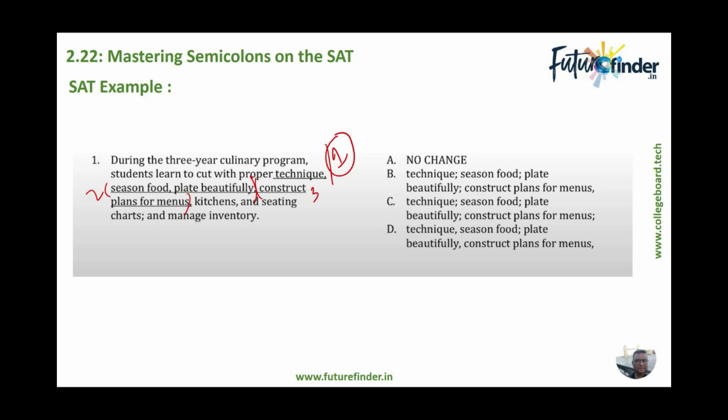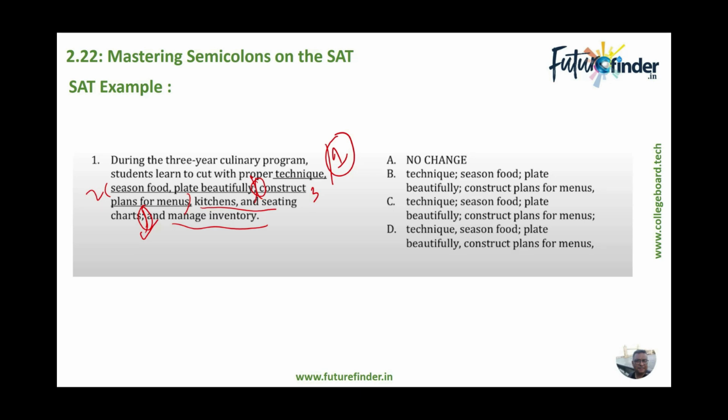Item number 3, kitchens and seating charts. Okay, plans for menus, kitchens and seating charts, of course. Item number 3 and item number 4. Great. So a semicolon out here is correct. Construct plans for menus, kitchens, and a semicolon out here would be the correct one.